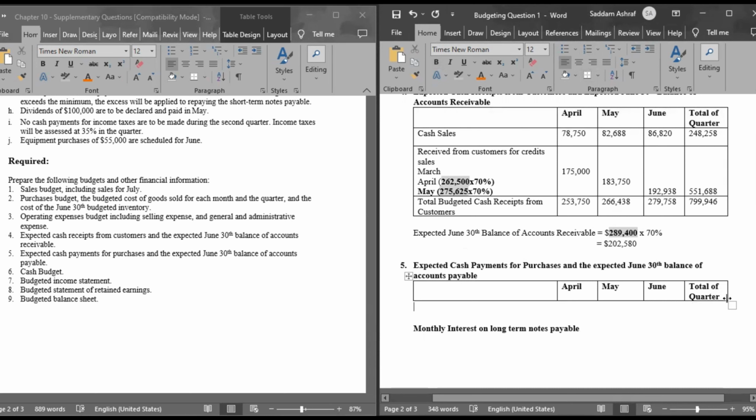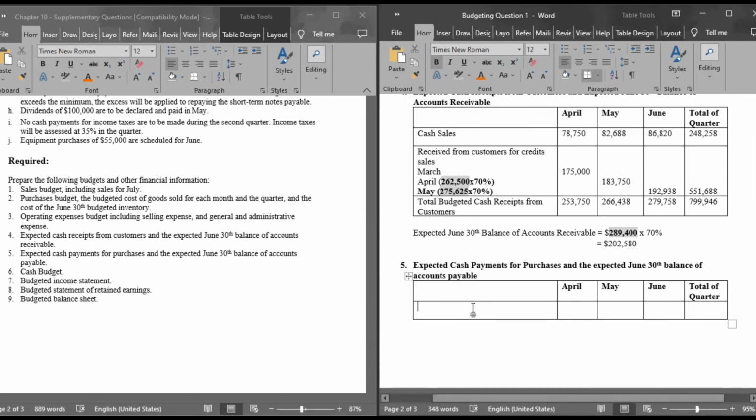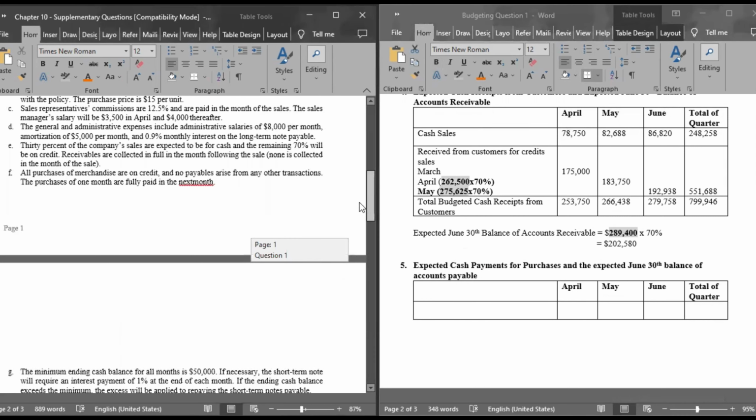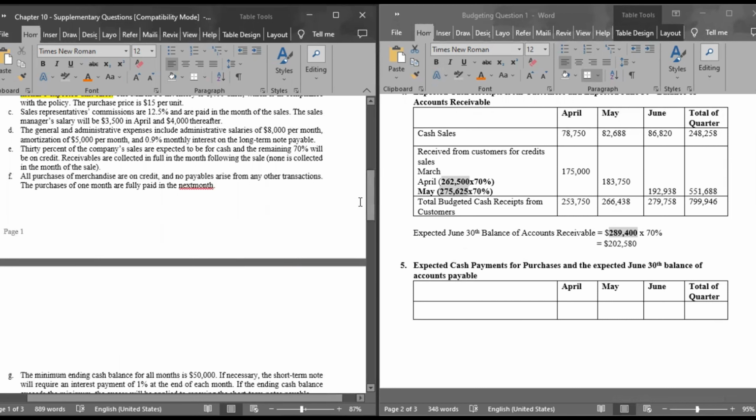We will calculate all these values for the months and separately for the quarter. In the question, point number F is related to this requirement.